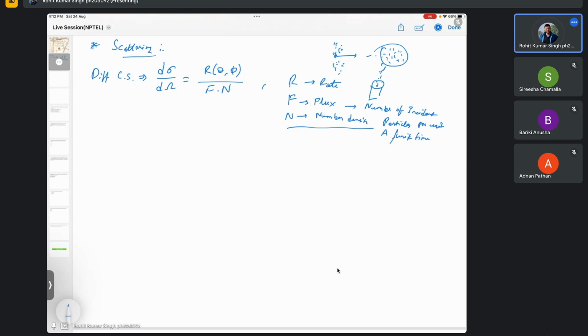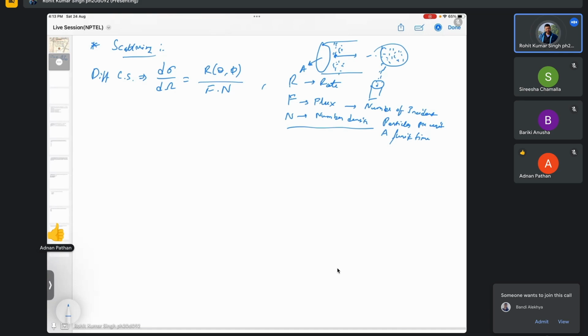This beam is approaching. You can consider it as a cylinder of beam, so it has some cross-section area, the area of the circle. So that is your cross-sectional area. So this flux is the number of incident particles per unit cross-sectional area per unit time.